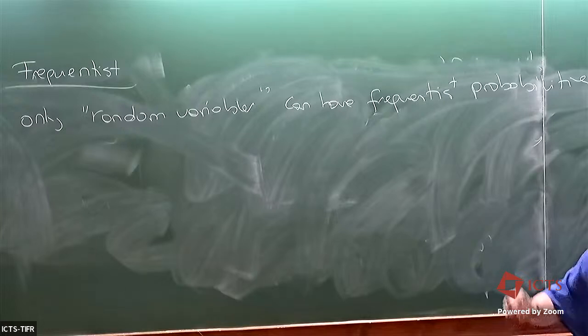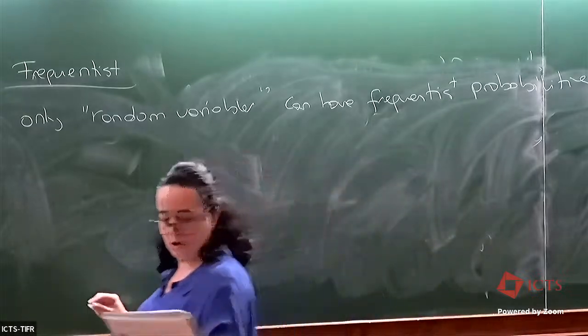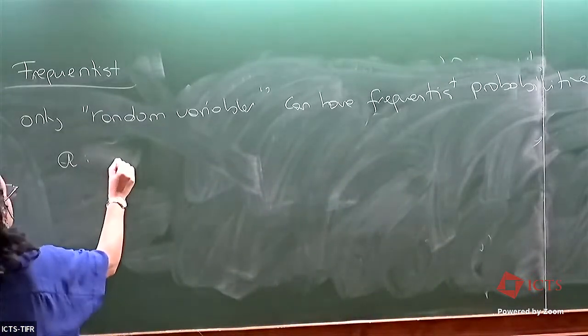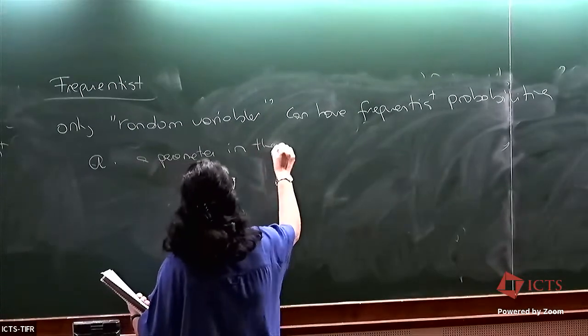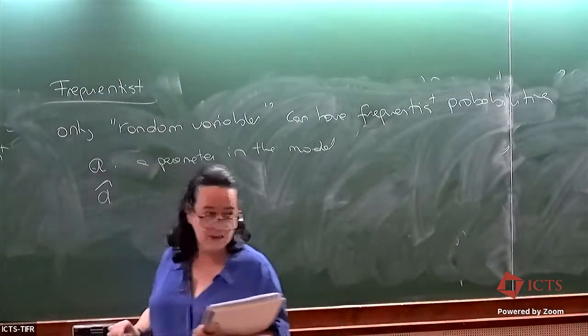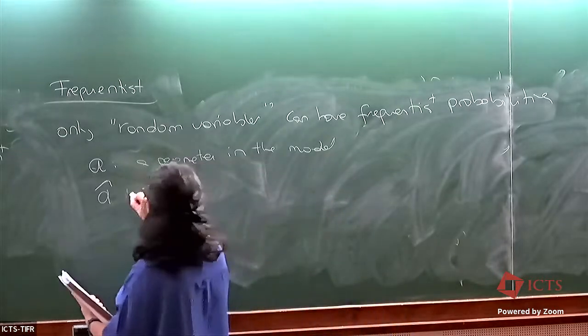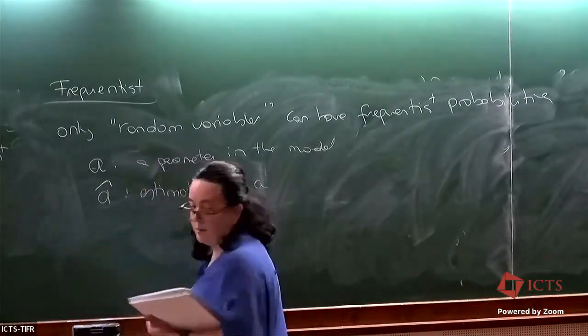Okay? Because the one that tells me which is the probability that my mass is whatever and growing is the Bayesian approach, not the frequentist approach. So basically, in the frequentist approach, we are going to have a parameter in the model, and we are going to have what I put with these hats on top, the estimator for this parameter.